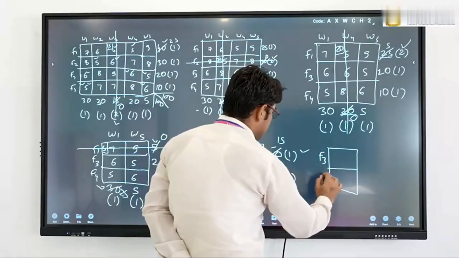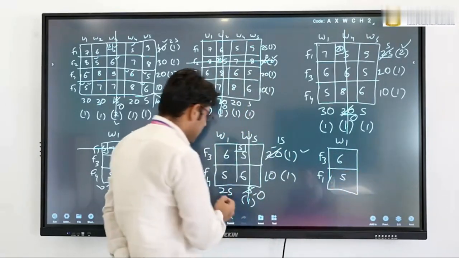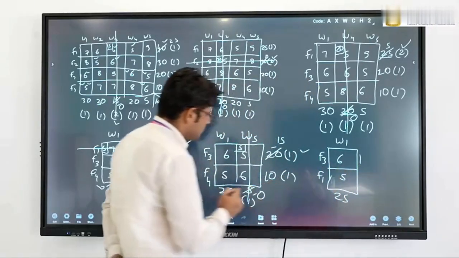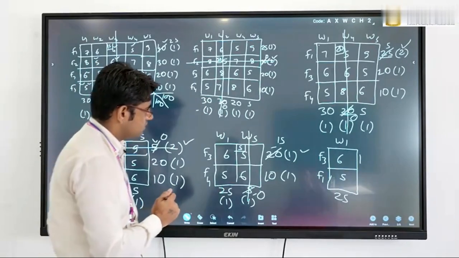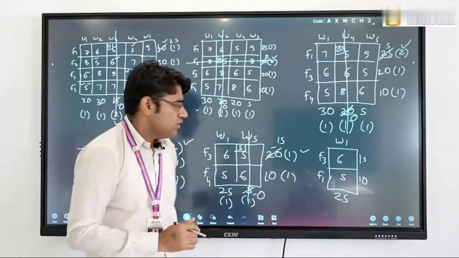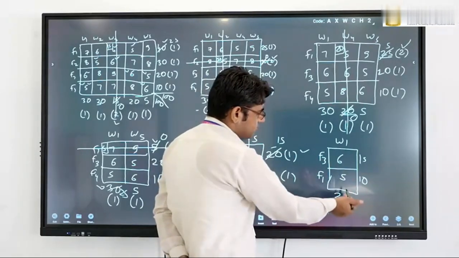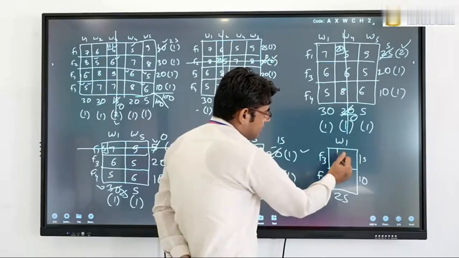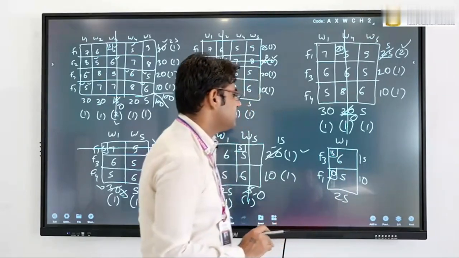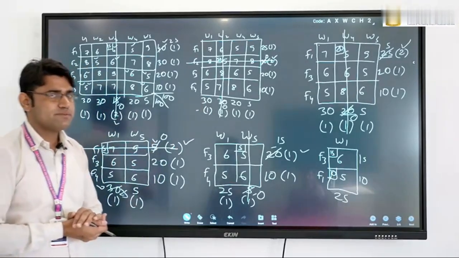Here F3 and F4, W1, 6, 5 and 25, remaining 15 and 10. Now here only 2 elements are remaining, so allocate here 15 and allocate here 10. Now all allocations are complete.